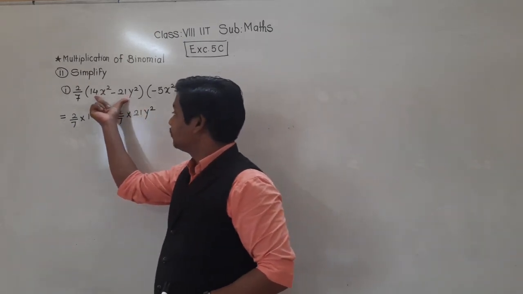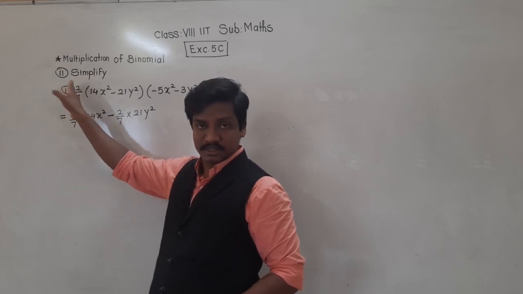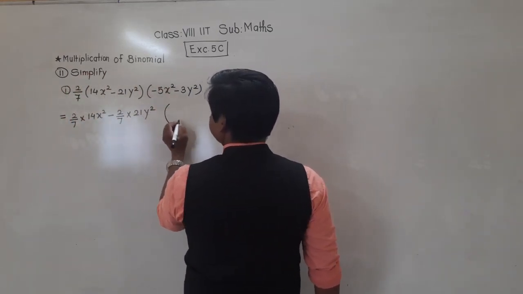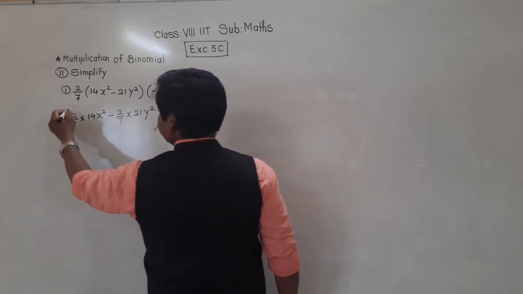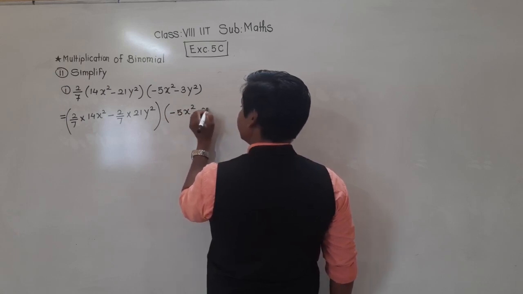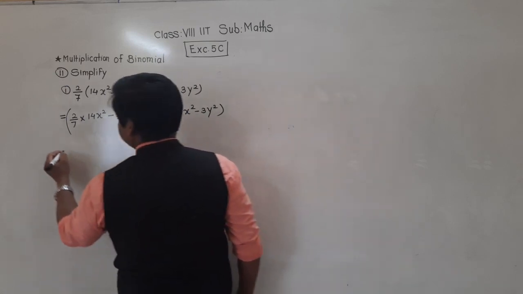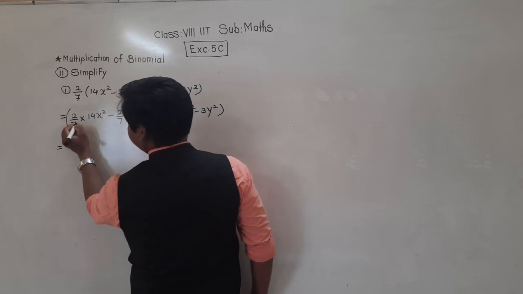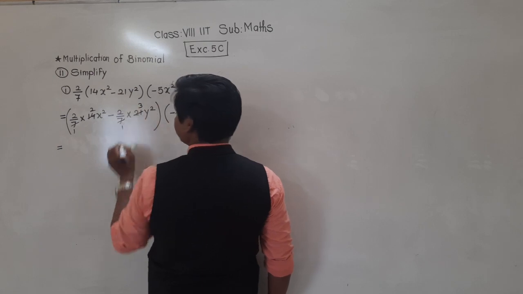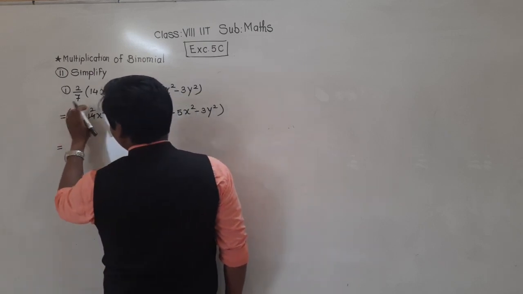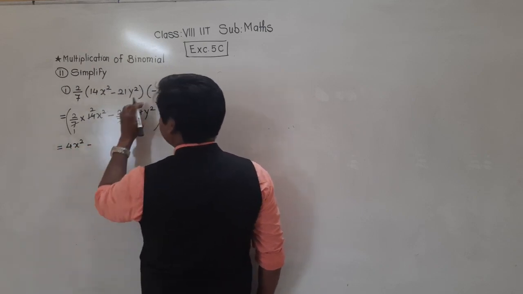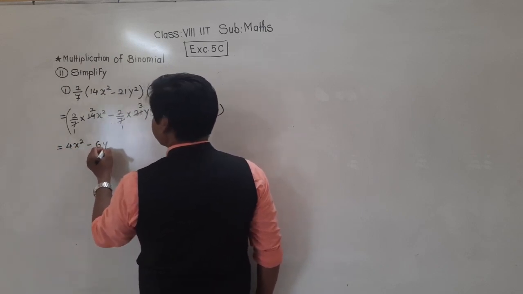Both the terms in the bracket we have multiplied by 2 upon 7, which is multiplied to this bracket, and the third bracket we write as it is. This equals, see here, 7 on the 7, 7 2s are 14, 7 on the 7, 7 3s are 21. 2 2s are 4x square minus 3 2s are 6y square.